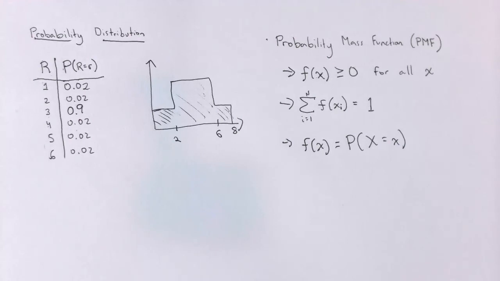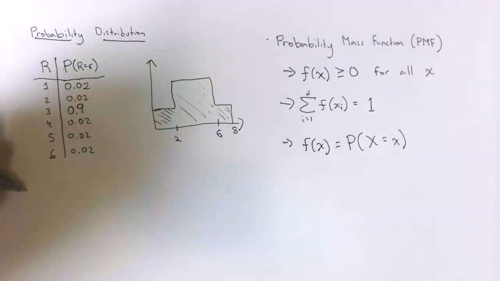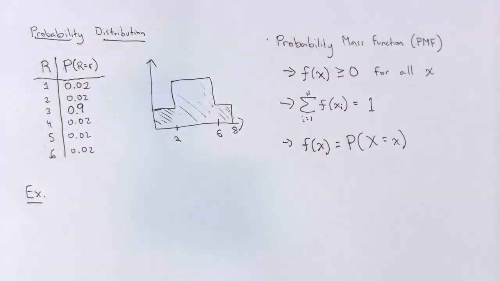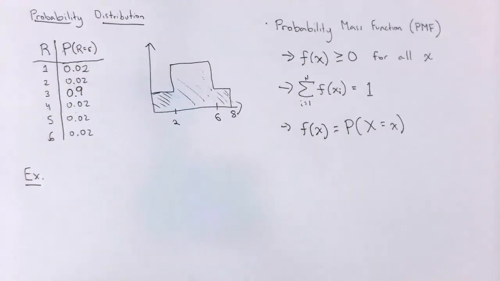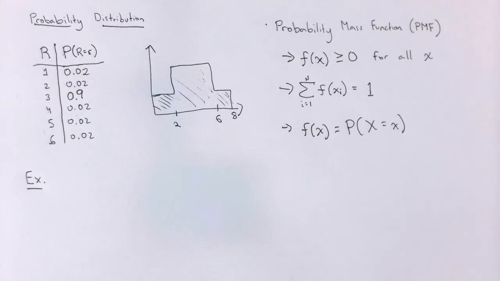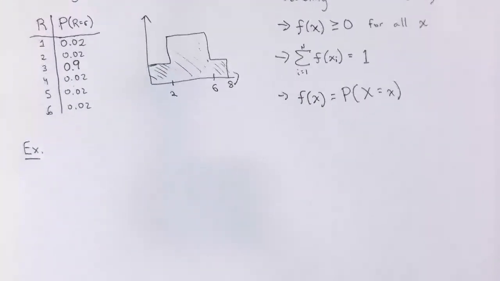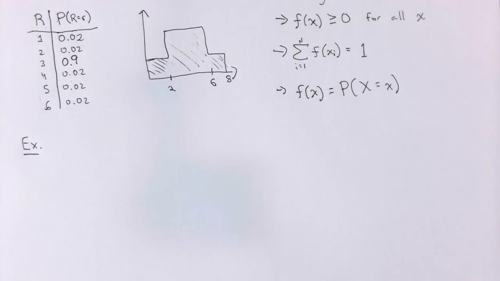Now, it's important to understand all this, but it's also important to be able to use it as well. So let's look at an example from the textbook, which, by the way, you may notice if you saw the notes for this week, that this week we are going to be focusing primarily on the textbook, mainly because we're going to be introducing some of the equations that we're going to have to use throughout the rest of the class.